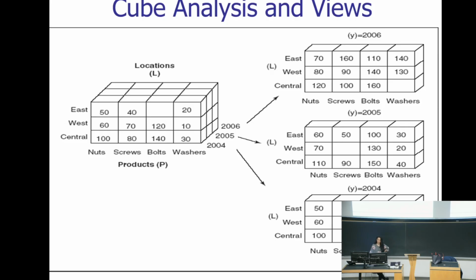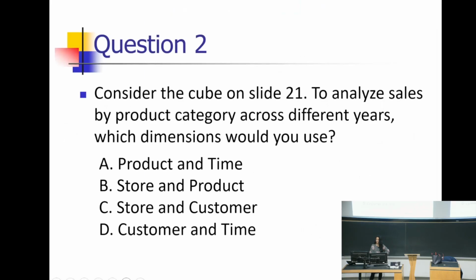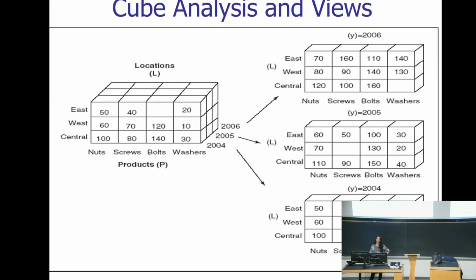For example, this is based on different years, right? The one on the top shows the year 2006, then 2005, and then 2004. And what does each of these cells represent in the cube? Whatever you're measuring. For example, we are measuring sales across these dimensions.